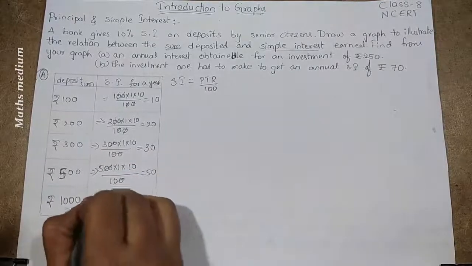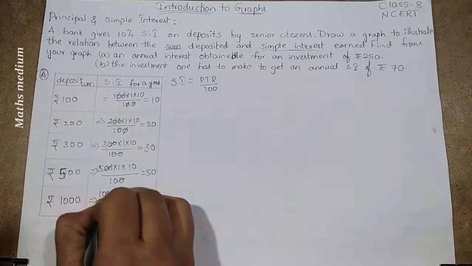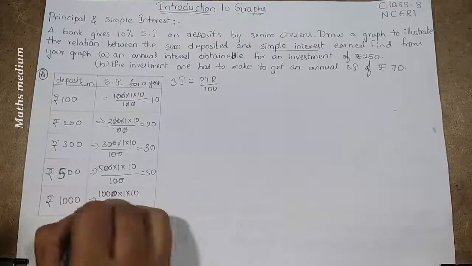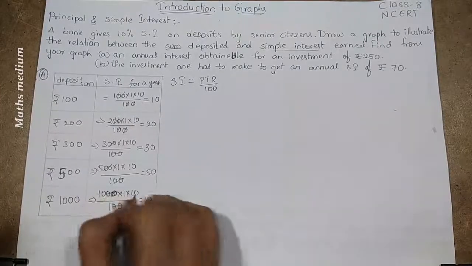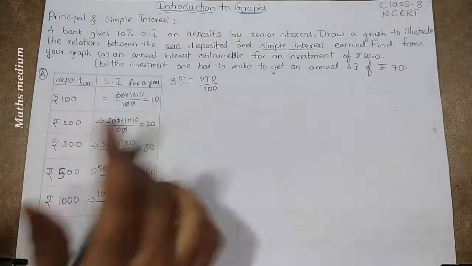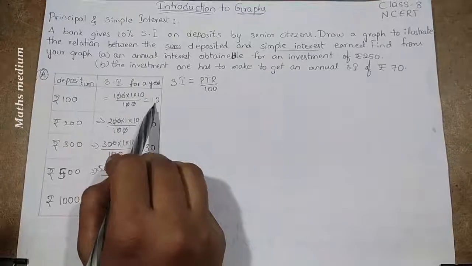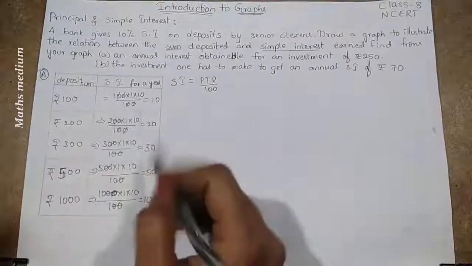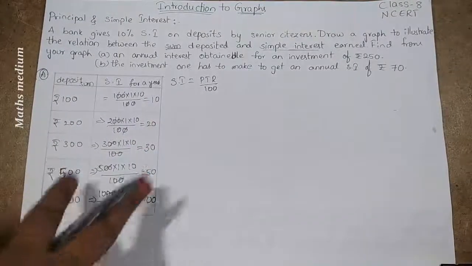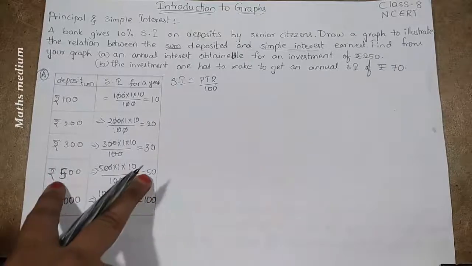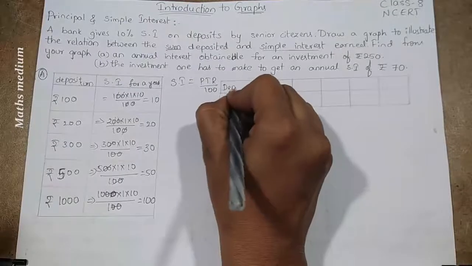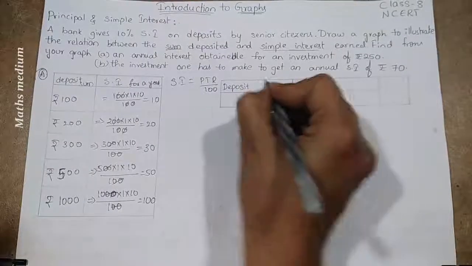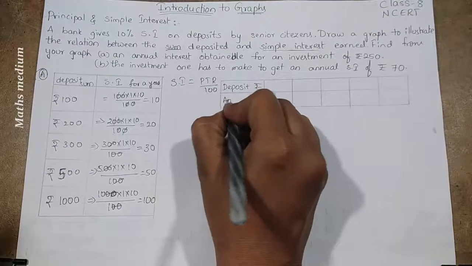Similarly here also 1000 into 1 into 10 divided by 100, zeros cancel. This is 10 into 10, we got 100. So by sum of deposit and SI for a year we got this. So we have to draw a graph between these two, right? So take the tabular form of these two. Here deposit in rupees, annual, it means for a year, right?